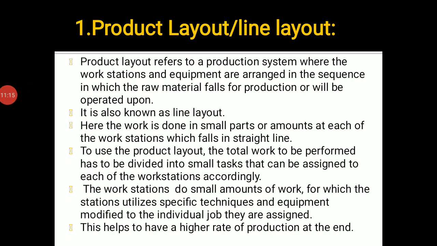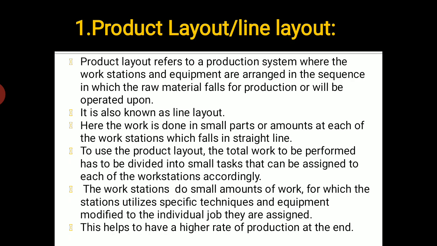Product layout refers to a production system where the workstations and equipments are arranged in the sequence in which the raw material falls for the production or will be operated. There are different workstations, different equipments, but they are arranged in a sequence 1, 2, 3, 4, 5 and likewise.